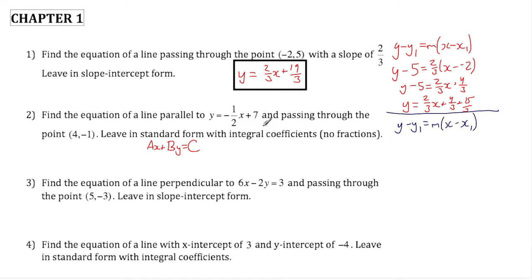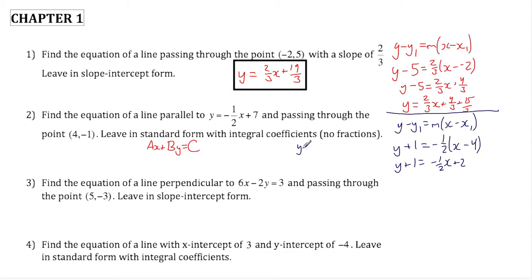Parallel lines have the same slope, so the point has y is -1, so y minus -1 is y plus 1. The m is -1/2, and the x value is going to be 4. So we distribute this in, and we get y plus 1 equals -1/2 x plus 2, and we subtract the 1.